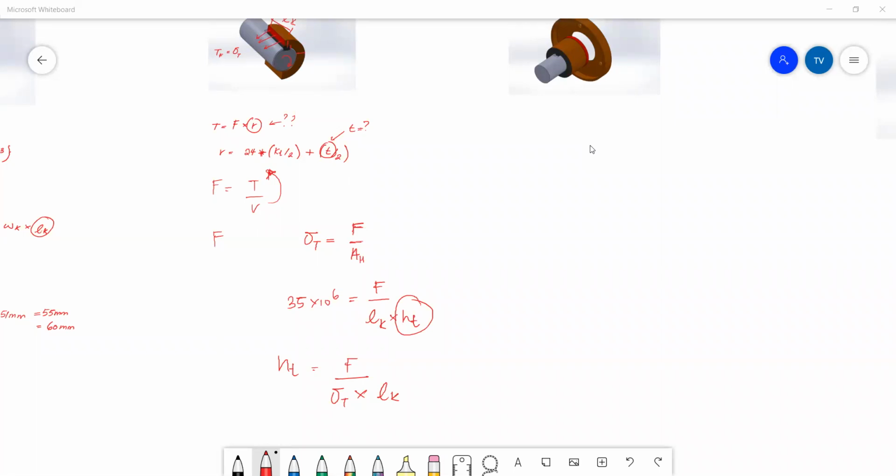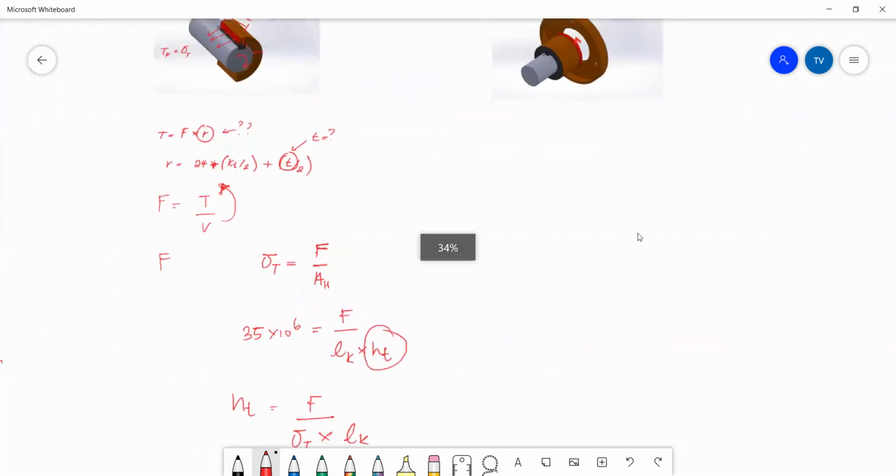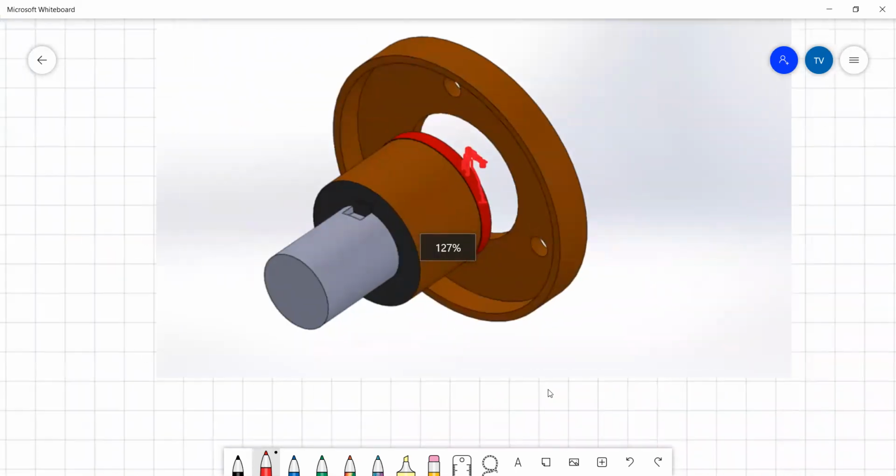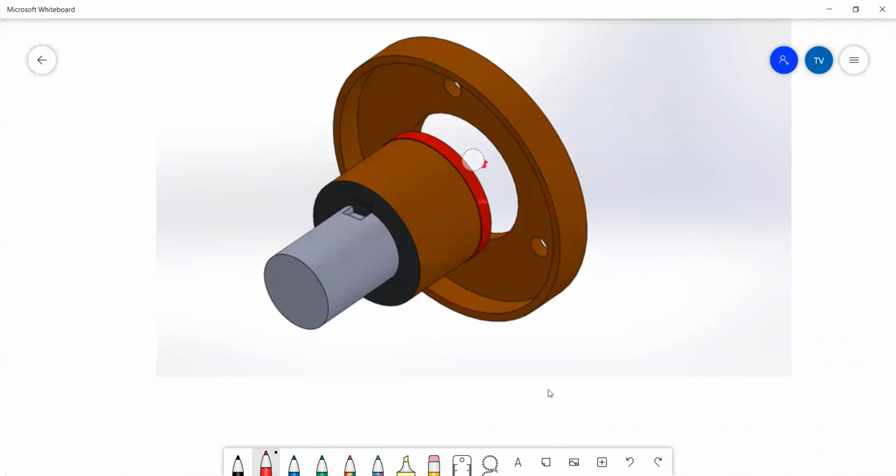What type of forces are we expecting here? This part is twisting. Okay, zoom in. Right, the force is acting in this direction with our radius here, or our distance, and the torque being applied here to try and counteract that.